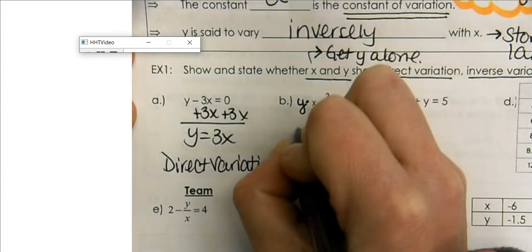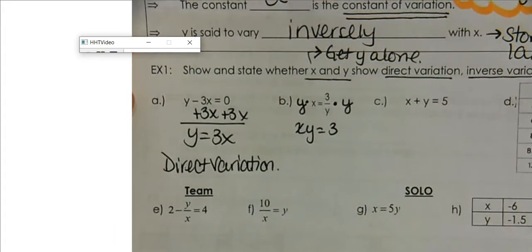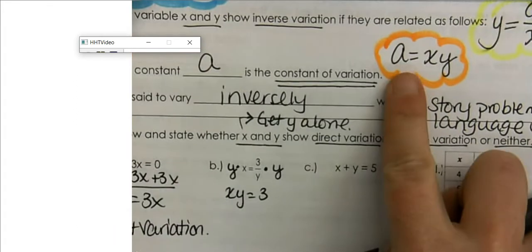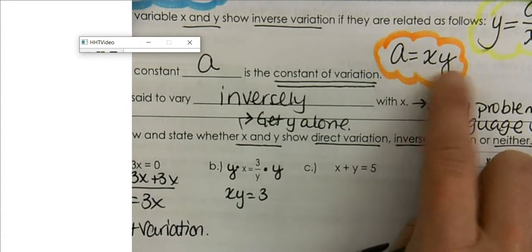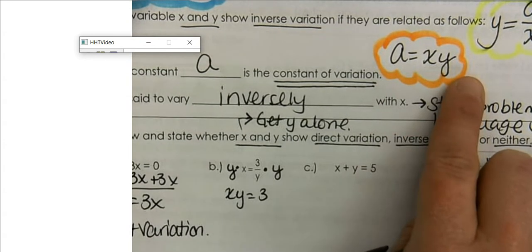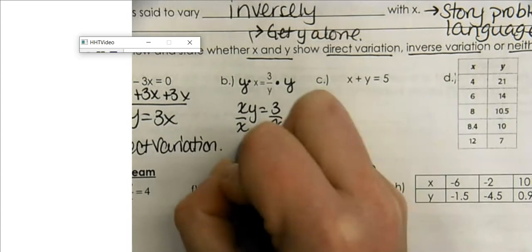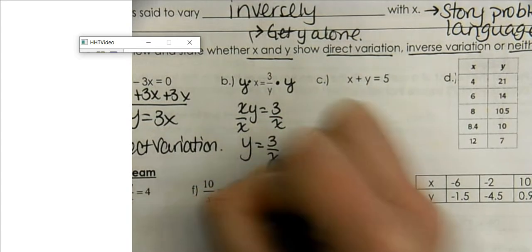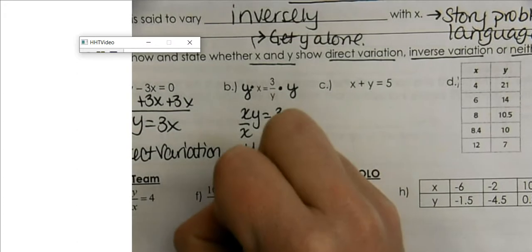And then when I do that, I end up with xy is equal to 3. Now you can stop here and recognize that your a value in an inverse variation has to be x times y, and you can stop and say this is going to be inverse variation. Or you can keep going and divide both sides by x to end up with y is equal to 3 divided by x. And once again, that's still going to be an inverse variation.